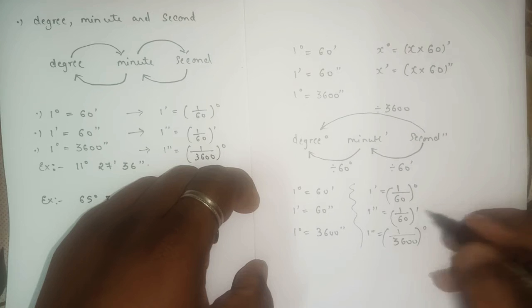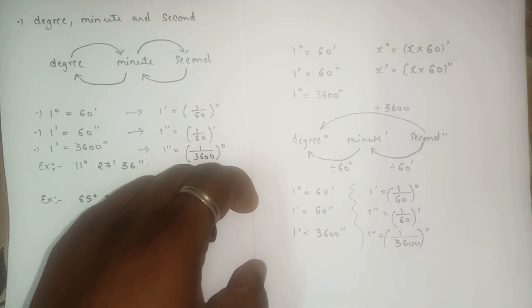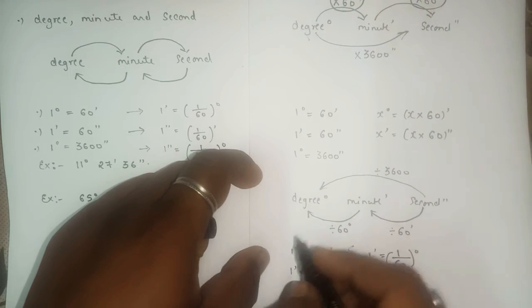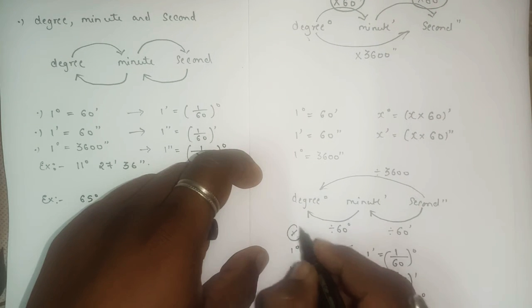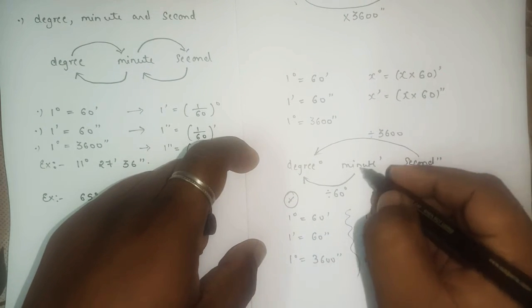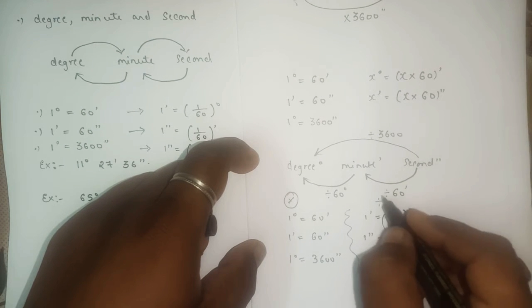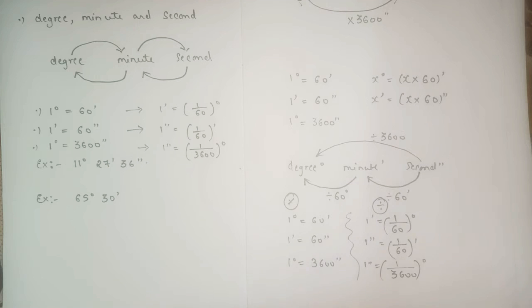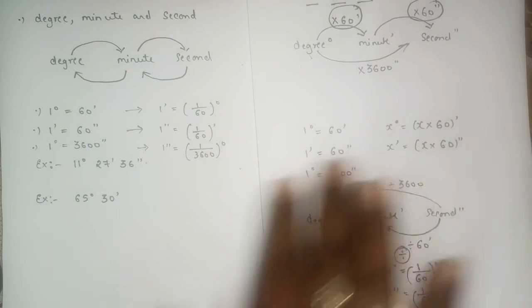Divide by 60, it will get converted into minute. So in simple language, degree to minute and minute to second is multiplication, and second to minute and minute to degree is division. So these are the two processes in which you can convert degree to minute, minute to second, and then you can come back also. I hope you all understood this part.